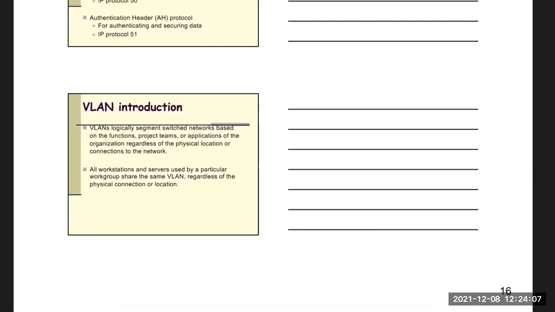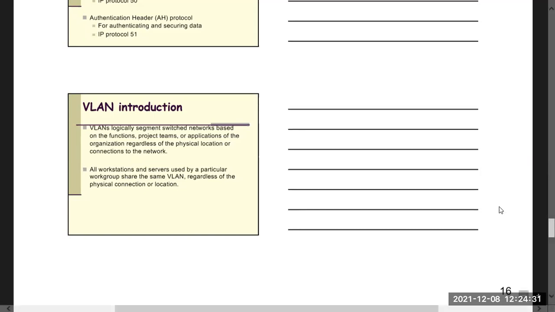Now the VLAN is basically a logical segment. It is a logically segmented switch network based on function, project team or application of the organization, regardless of the physical location or connection to the network.